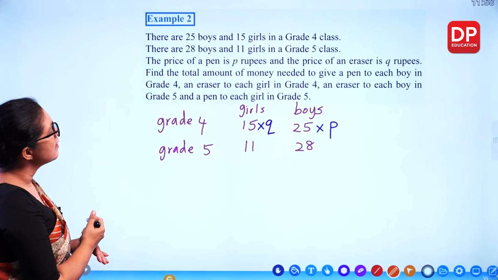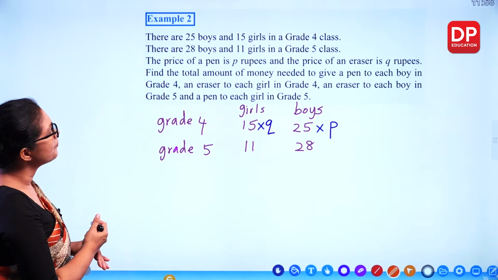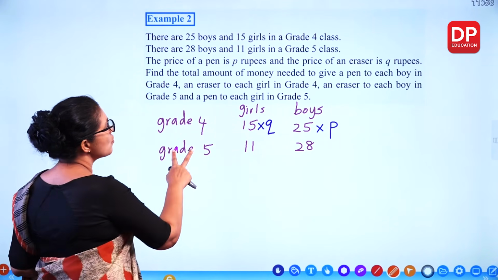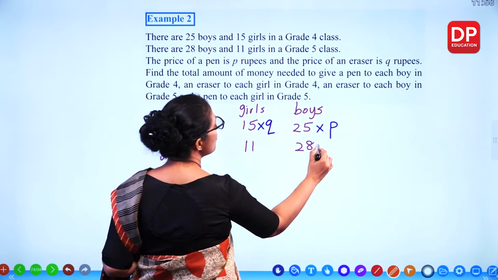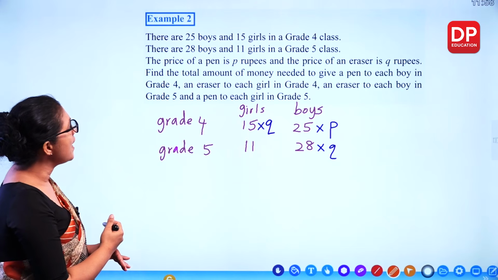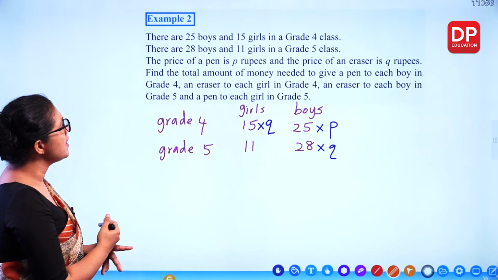Then an eraser to each boy in grade 5. So eraser is Q. So 28 times Q, and a pen, that's P rupees for each girl in grade 5.